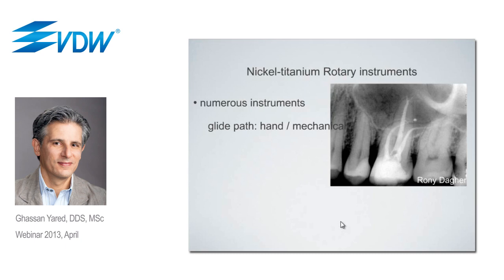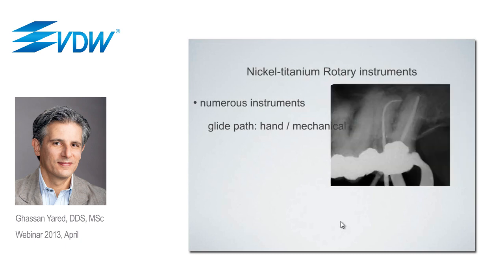So the question is again, why do we have to use so many hand instruments to create a glide path when we can prepare a canal as severely curved as that one without having to create a glide path, without having to use path files? The problem here is not only with the number of instruments that we are using.